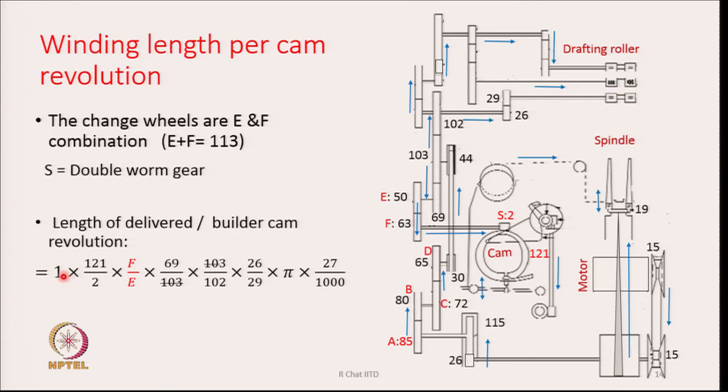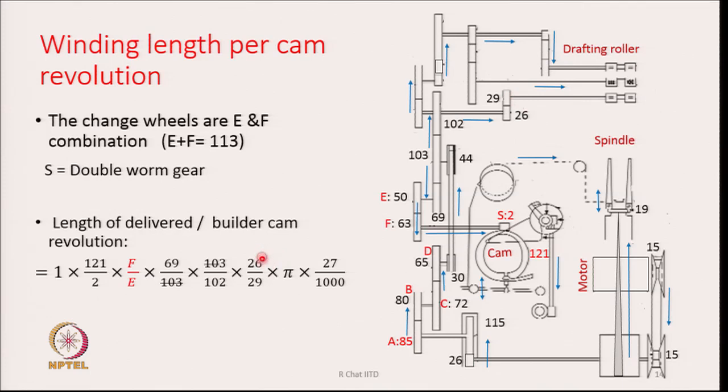It is going to be 1 into 121 by 2, because this is a double worm, and the cam is mounted on a wheel which has 121 teeth. Then it comes F by E, and then 69 by 103, and then 103 by 102, and then 26 by 29.